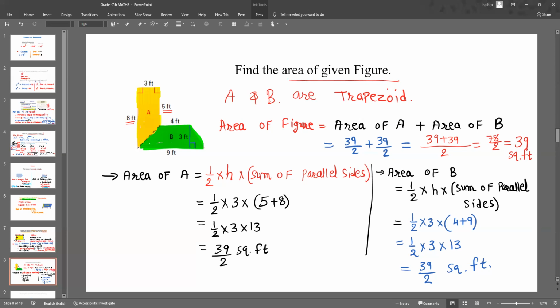Understand? So using the formula of a trapezoid, we can easily find the area of this figure, because this figure is made of two trapezoids. Understand?